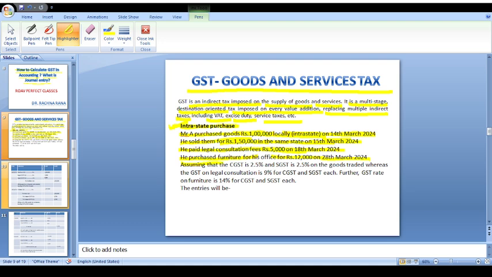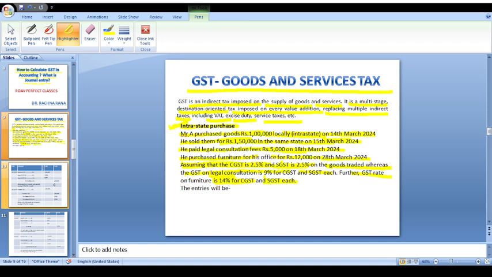Assume CGST, Central Goods and Services Tax, is 2.5% and State Goods and Services Tax is 2.5% on the goods traded, whereas the GST on the legal counsel is 9% for CGST and SGST each. Further, the GST rate on the furniture is 14% for CGST and SGST each.